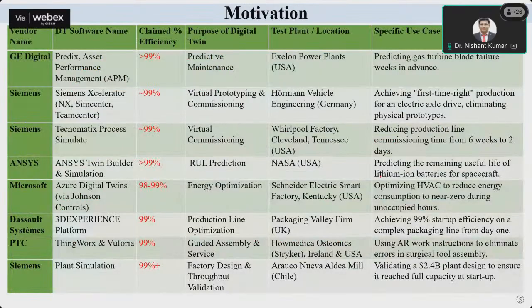And on another side, not only our lab, many companies are also working in this DT area, and I have shown some scores here. For example, GE, Siemens, Ansys, Microsoft, Dassault also.